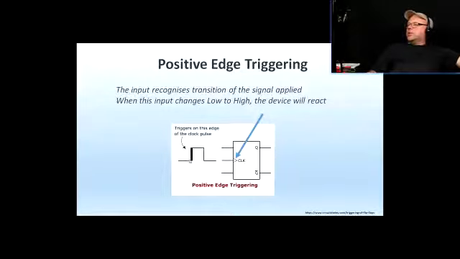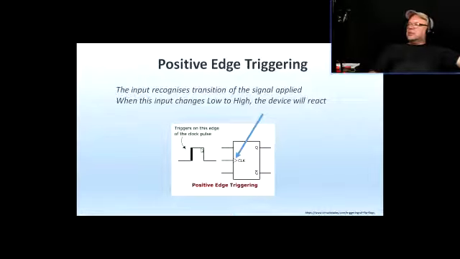So here's a waveform. It has a positive edge of the pulse, and it continues in one state. Once it reaches the high level, it stays there, and the device will not react. It's going to be inactive until the next time it sees the signal going up again.